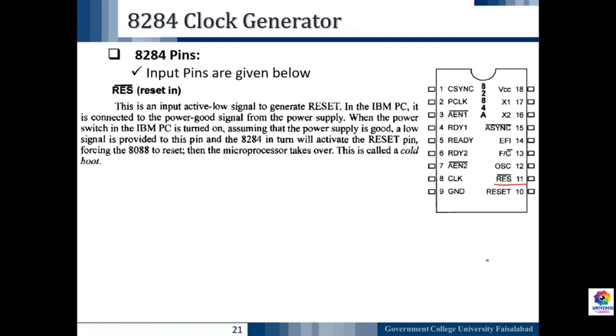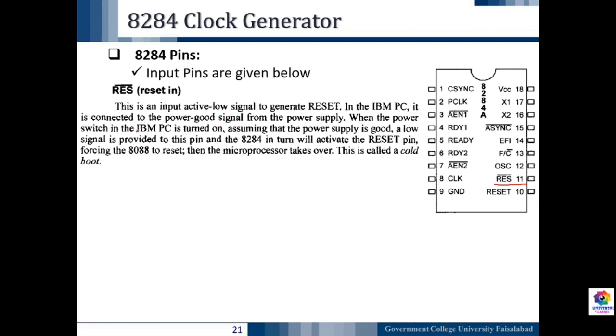This process is known as the cold boot. This is an input active low signal to generate the reset. In the IBM PC, it is connected to the power good signal from the power supply.